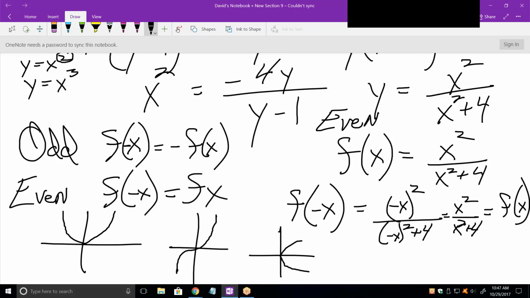In other words, I'm sorry, I stated that wrong. If you have symmetry about the x-axis, you do not have a function, because it's always going to fail the vertical line test. Now, we've got y equals x squared over x squared plus 4.